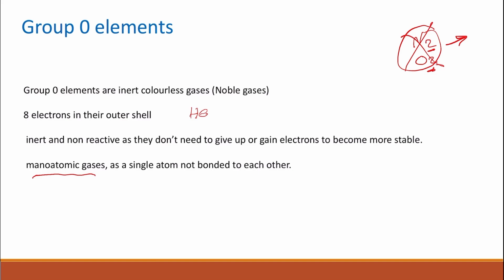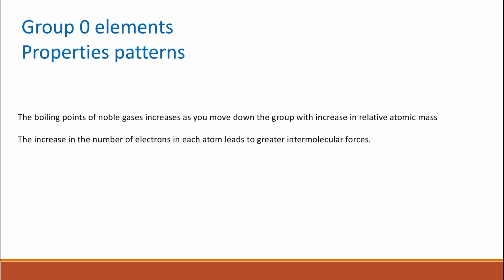Noble gases exist as monoatomic gases, so they exist as single atoms, not bonded to each other. Examples are helium, neon, xenon, and so on. All the noble gases exist as monoatomic gases because they are non-reactive, so they don't even tend to bind or combine with each other.